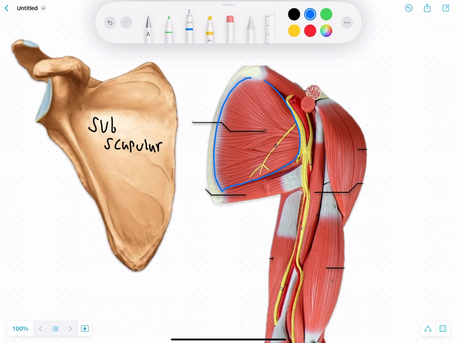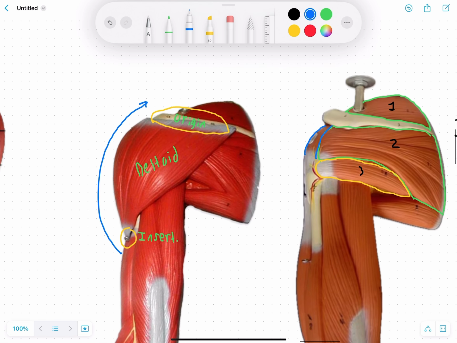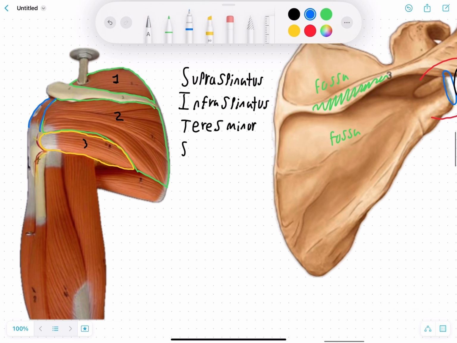So this is our final rotator cuff muscle, and it's the only one that's really on the anterior side of that scapula. And so our final muscle here, we give the name subscapularis. And those are all the muscles of the rotator cuff: supraspinatus, infraspinatus, teres minor, subscapularis.